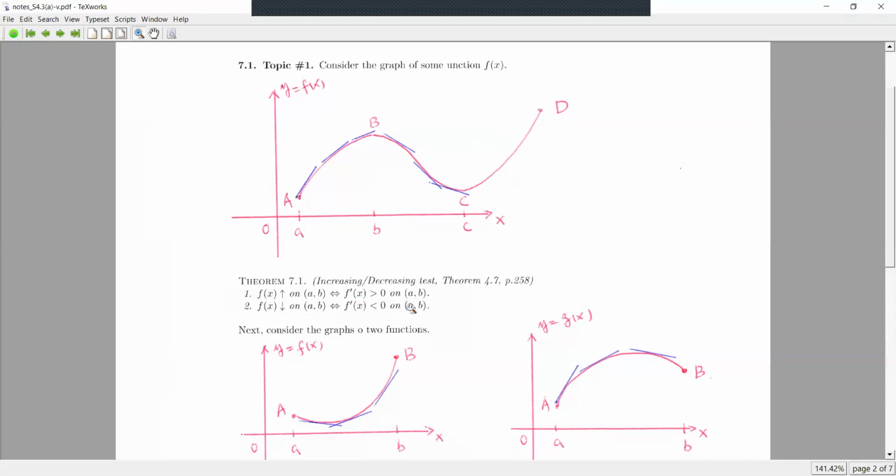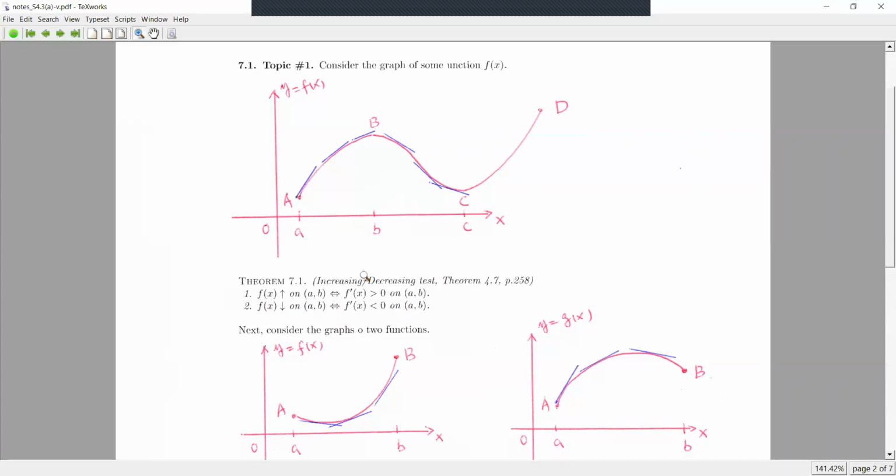The reverse is also true. If slope is positive everywhere on some interval, then the graph, the curve, is increasing on the interval. Similarly, a curve is decreasing on some interval if and only if slope is negative on the interval.